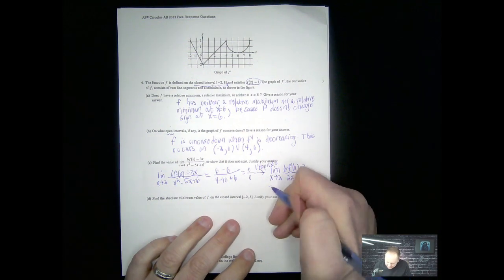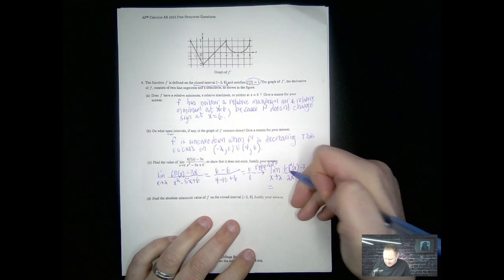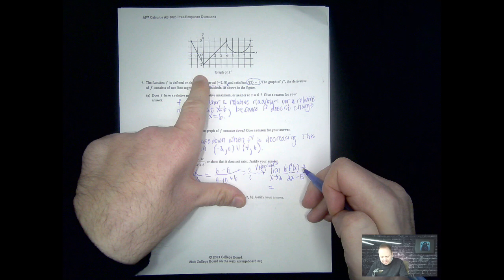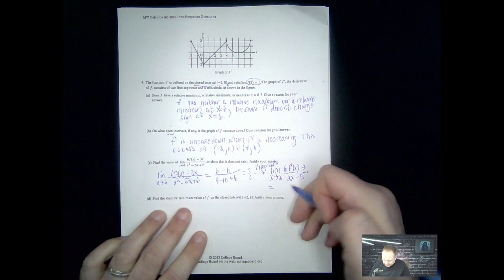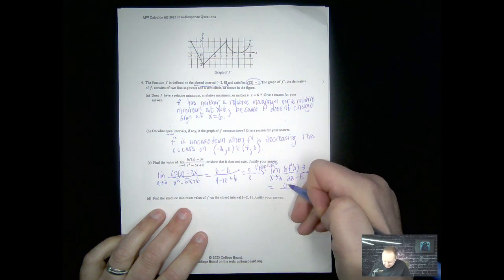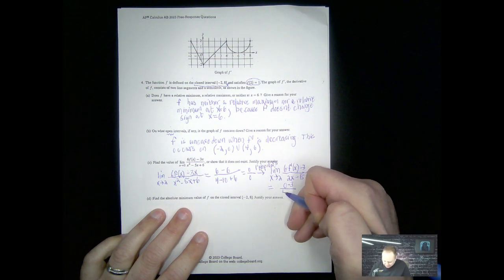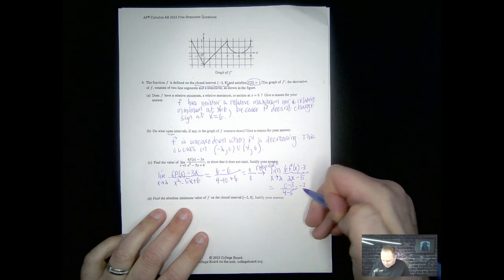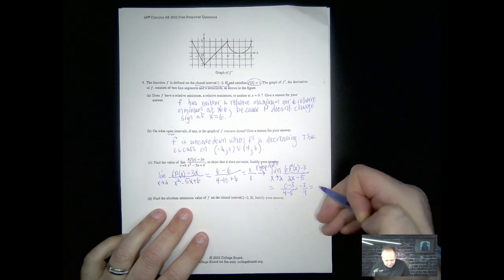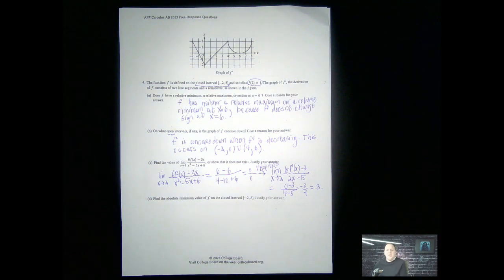So I'm just going to apply L'Hopital's, derivative of the top separately from the derivative of the bottom. Now I can substitute, so that's 6 times f prime of 2. So f prime of 2, it looks to me as 0. Minus 3 all over what? 4 minus 5, which gives me a negative 3 all over a negative 1, which is equal to 3. So that's how I would show that out.